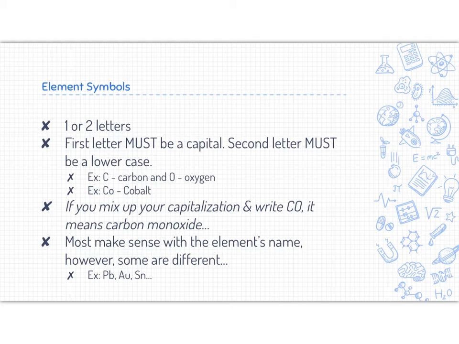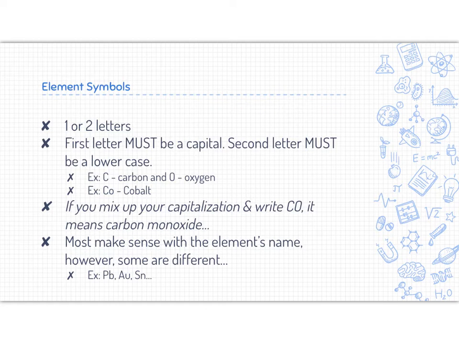So, for instance, Pb is lead. Well, Pb in Latin was plumbum, and so lead used to be known as plumbum. It was used in plumbing, lead pipes, so they kept Pb. So they didn't just use the English version. They used a lot of Latin names as well.